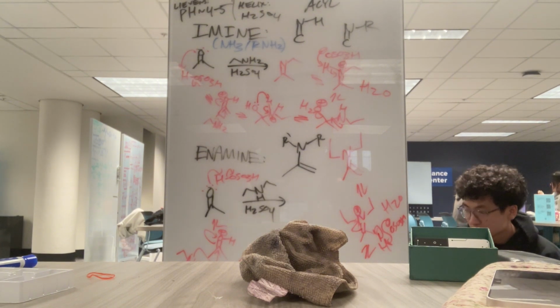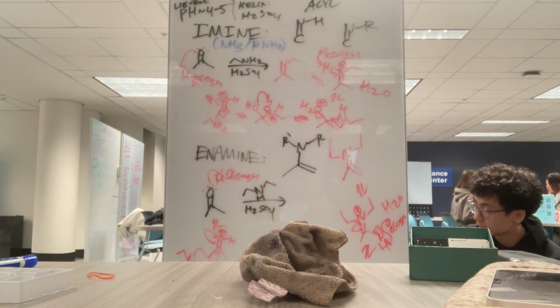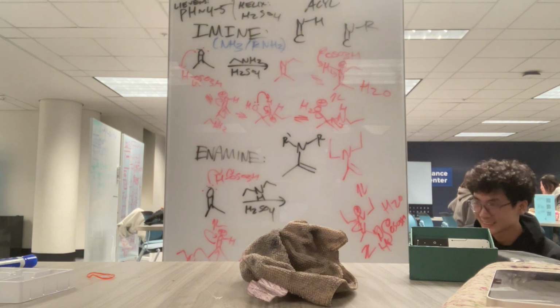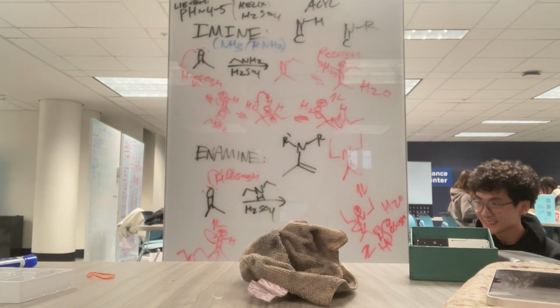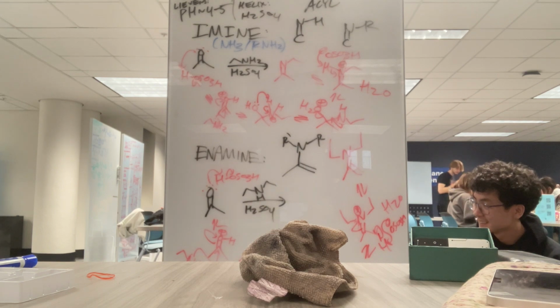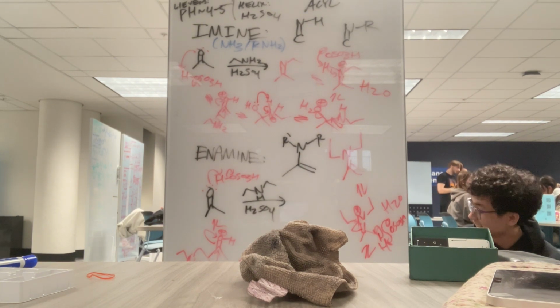What kind of reaction would neutralize the iminium ion from enamine formation? Acid-base reaction, E2 reaction, SN1 reaction, SN2 reaction, hydrolysis reaction? E2. Yeah, something like that.